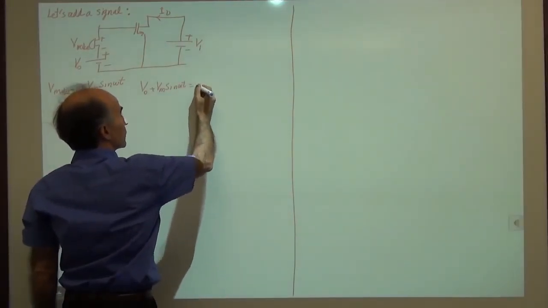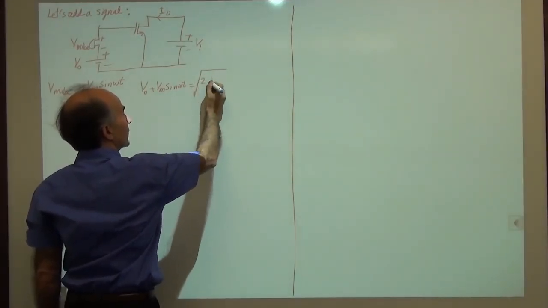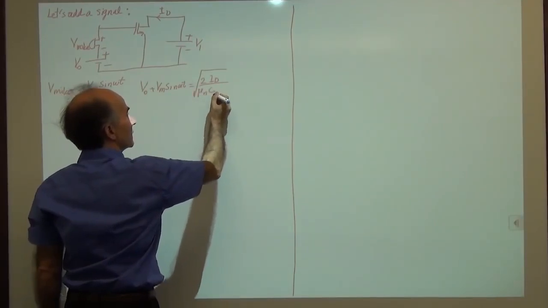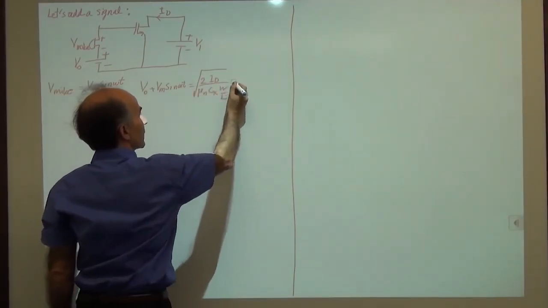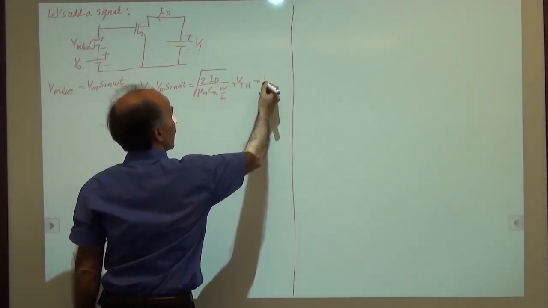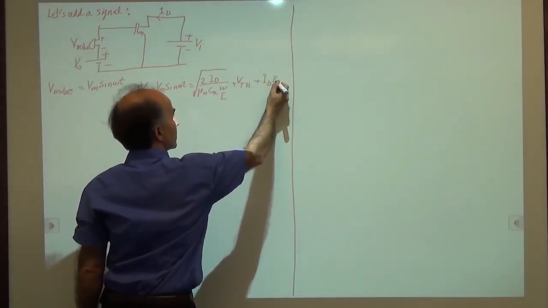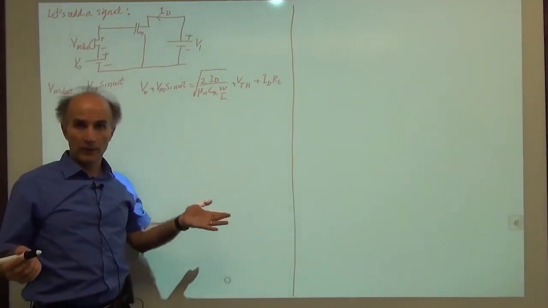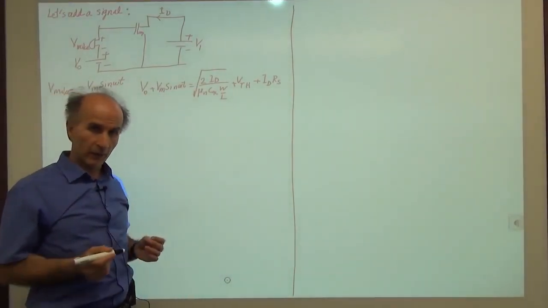The square root of 2ID over mu n C ox W over L, plus the threshold voltage, and then plus ID times RS. So we simply replace V0 with V0 plus the signal from the microphone.